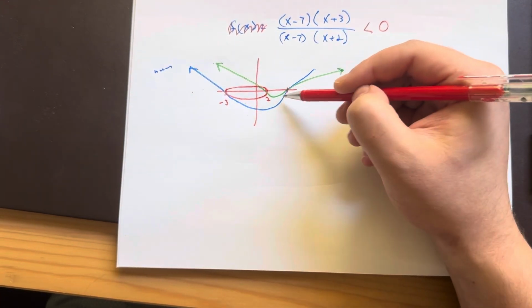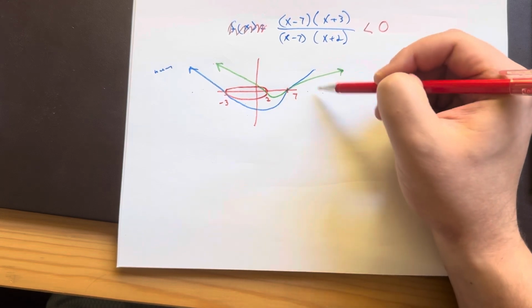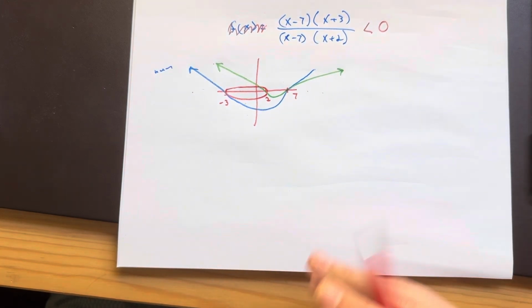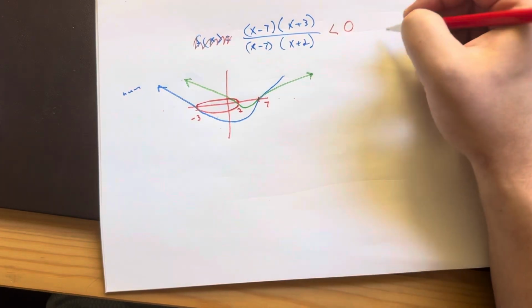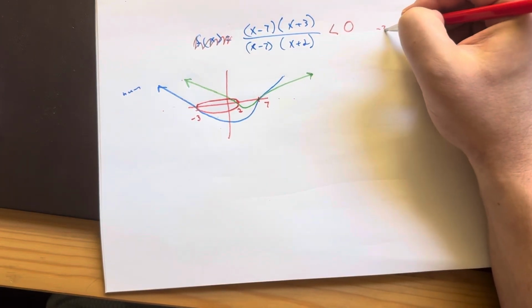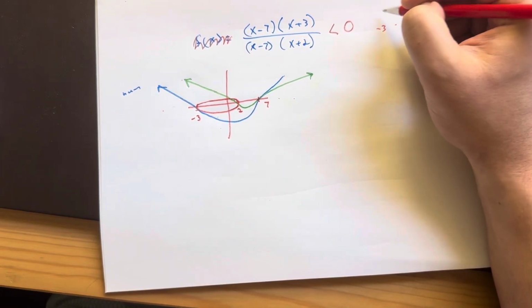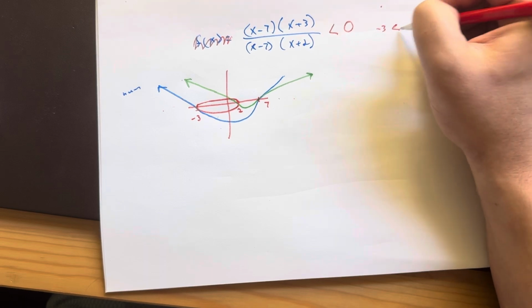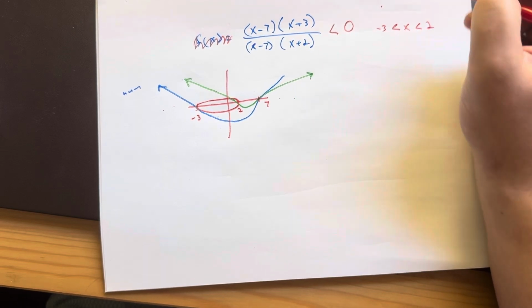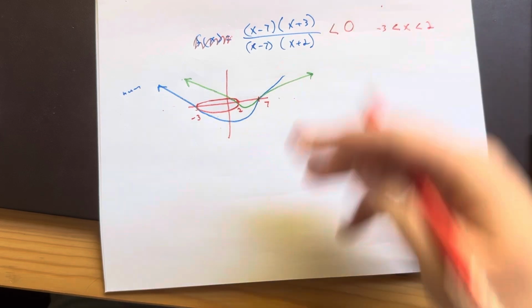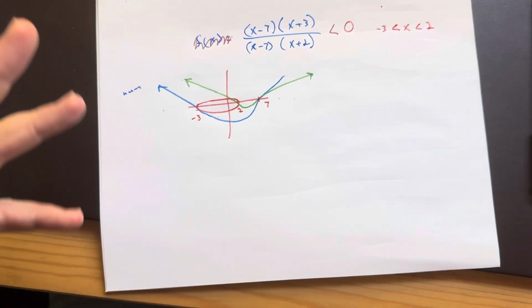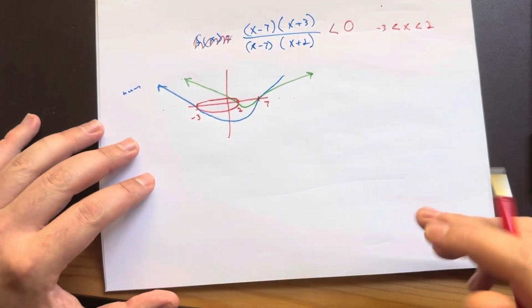In between 2 and 7, these are both negative. After 7, my green and my blue are both positive. So, where am I negative? In between -3 and 2: -3 < x < 2. This is how you technically say between -3 and +2.